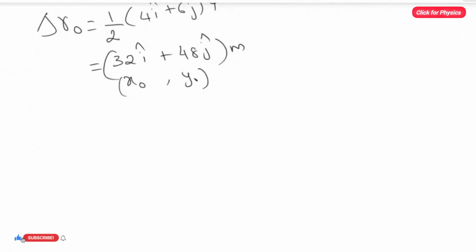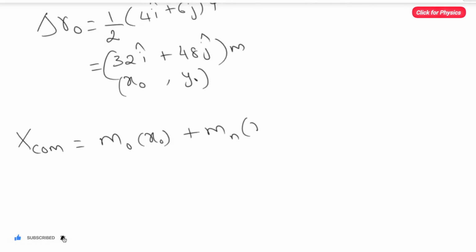In theory, the center of mass formula: x center of mass is given by the mass of the olive multiplied by x of olive, that means the x naught of olive, plus the mass of the Brazil nut multiplied by x of n, that means the Brazil nut location, divided by the sum, which is the mass of the olive plus the mass of the nut.